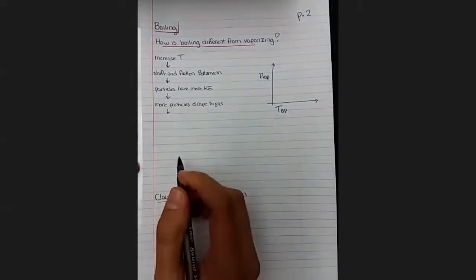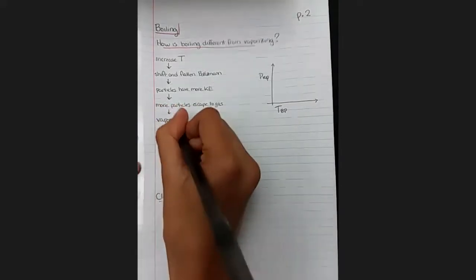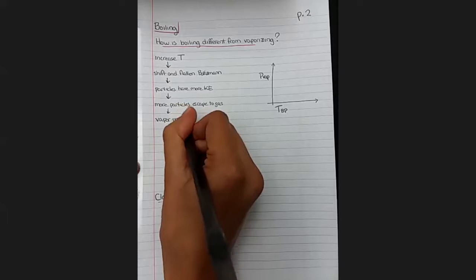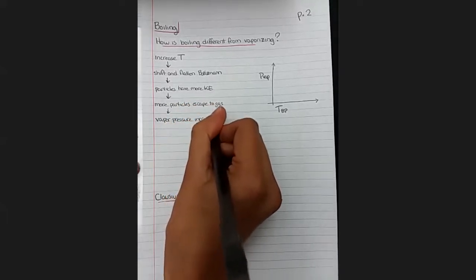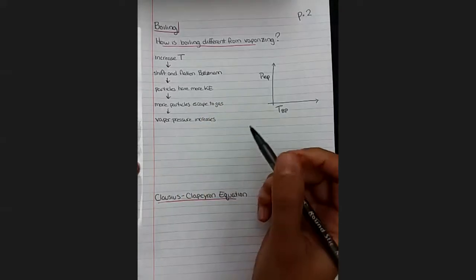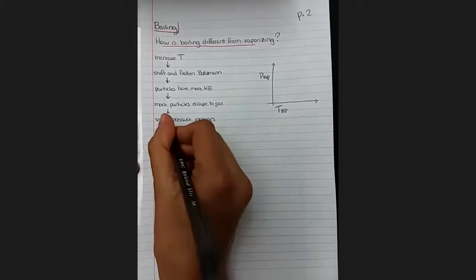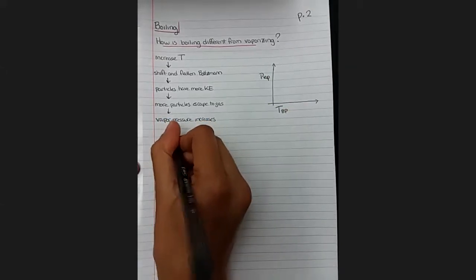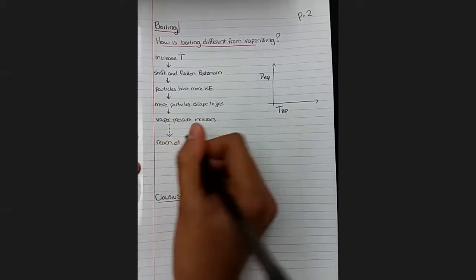And the more particles we have in the gas phase, the higher the vapor pressure in the container with the lid on. So the vapor pressure increases. If we continue that process, we continue to increase the temperature until the vapor pressure goes higher and higher and higher. Eventually, we hit boiling.